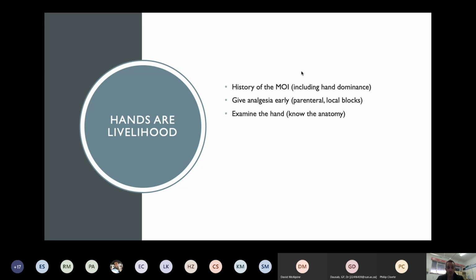Examine the hand. We need to know the anatomy. You need to know what you're feeling underneath your own fingers to give you a better idea of what the diagnosis might be. We should always get standard X-ray images, and then there are specific views which I'll touch on for certain injuries. If it's an open wound or a bite, these wounds need to be explored and irrigated under high pressure.